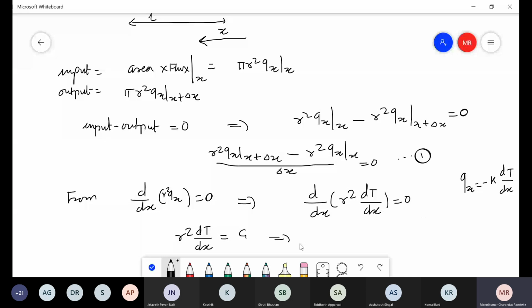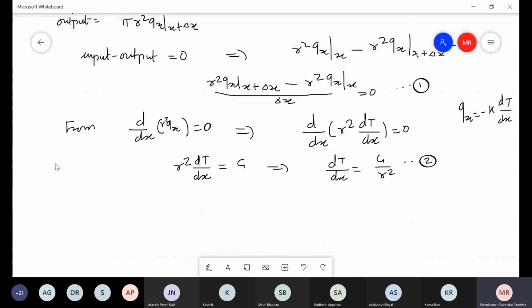So dT by dx is given as C1 by r square. This is equation number 2. Now C1 we can find out subsequently based on the conditions, but let us look at this equation 2 more carefully.